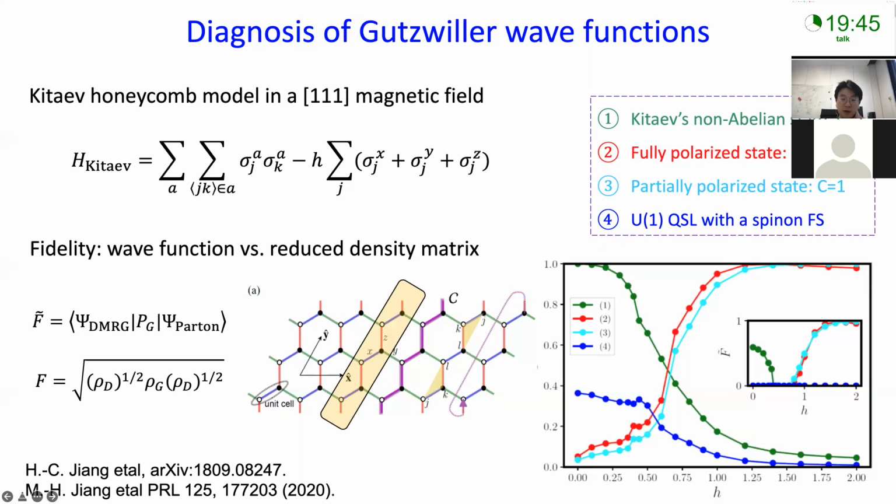But for middle magnetic field, both fidelities tell us that none of those four is a good ansatz. So basically, we can use this method to see whether a Gutzwiller projective wave function is good or not, and it can make a bridge between DMRG and variational Monte Carlo.